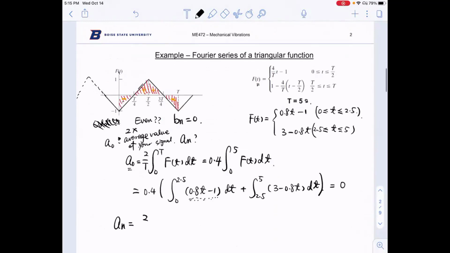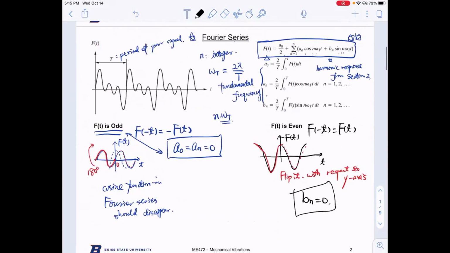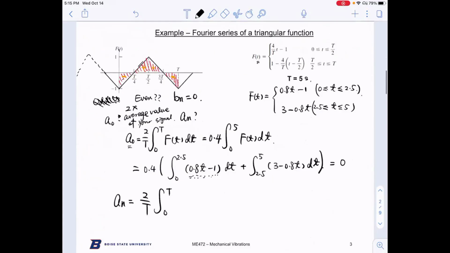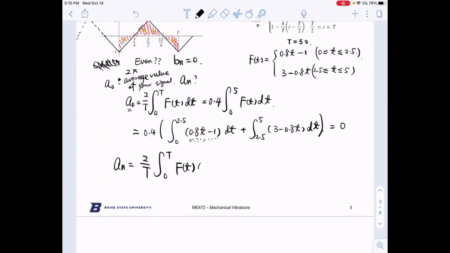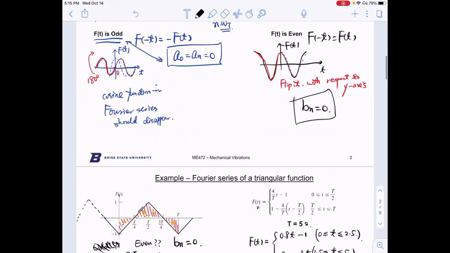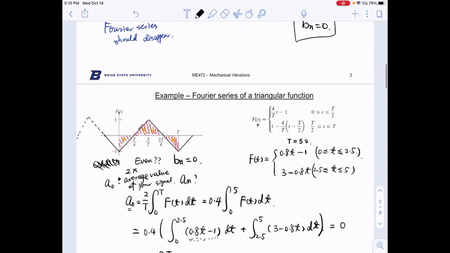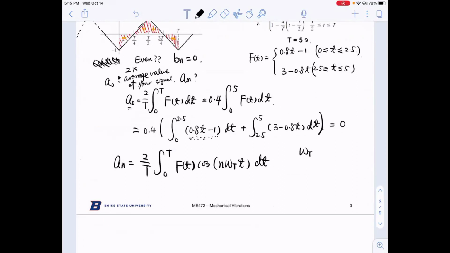It is 2 over T, 0 to T, f(t) cosine n omega t dt, is that correct? Yep. And then what is your omega? Your omega, as I mentioned, is 2 pi divided by T. That's 0.4 pi. That's your fundamental frequency.